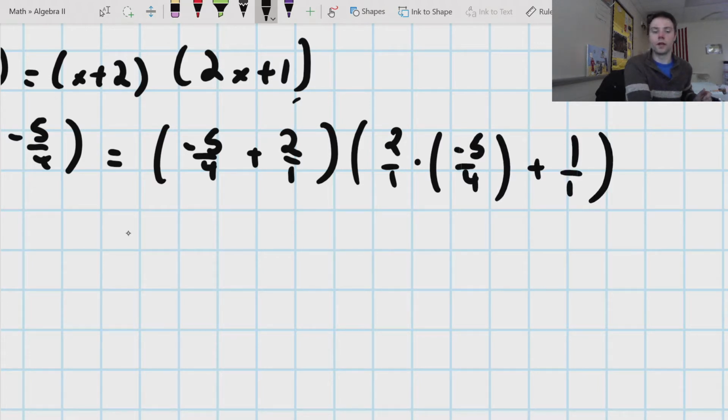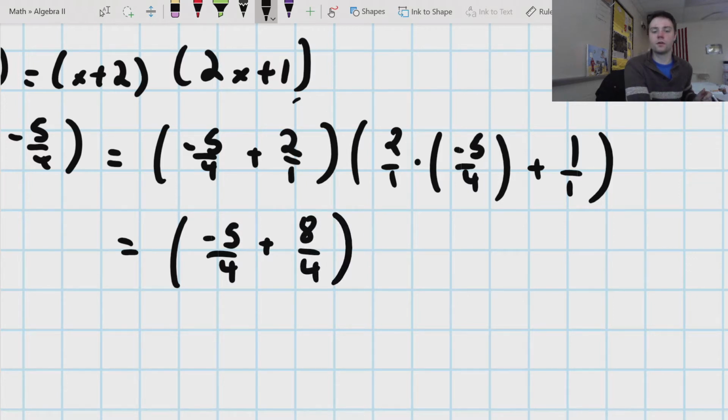So right here I've got negative 5 over 4. Multiply this one upstairs and downstairs by 4, you get 8 over 4. And then these two you just multiply across, so don't worry about a common denominator. Whenever you're multiplying fractions, you don't have to worry about a common denominator. You just multiply across the top and across the bottom. So I've got negative 10 over 4, and over here I've got plus 4 over 4.